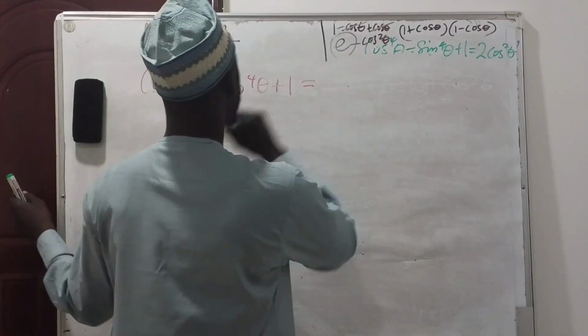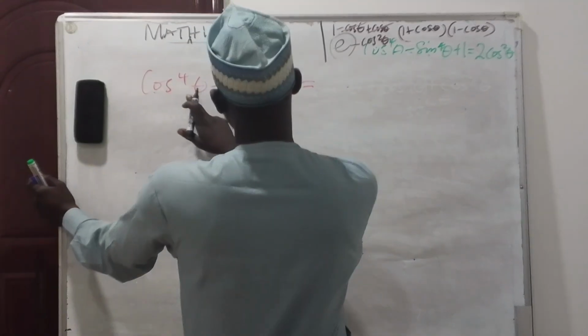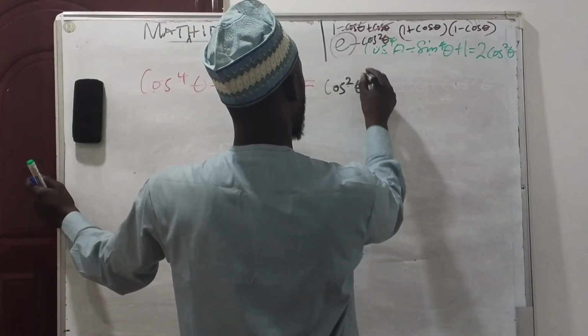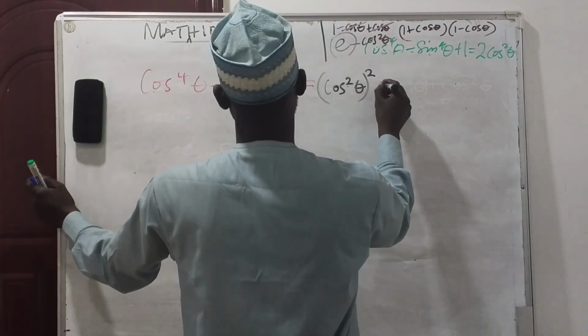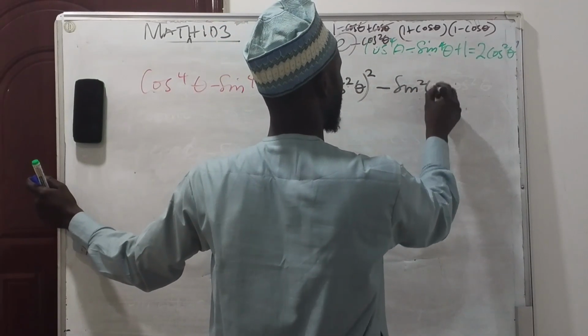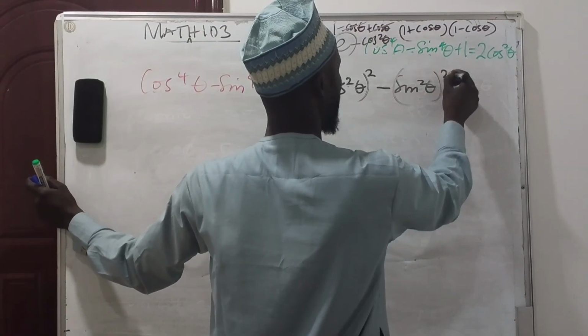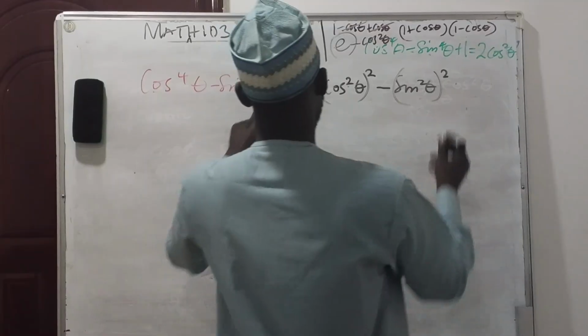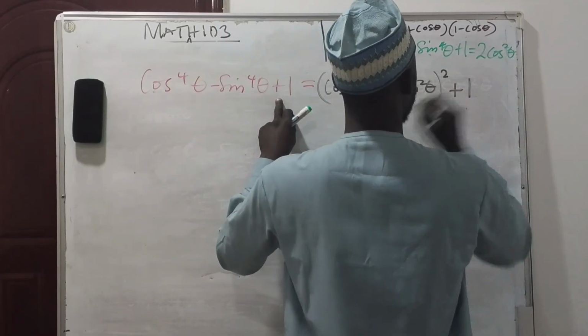I can write cos power 4 theta as cos square theta all squared, minus sin square theta all squared, according to the law of indices, plus 1.